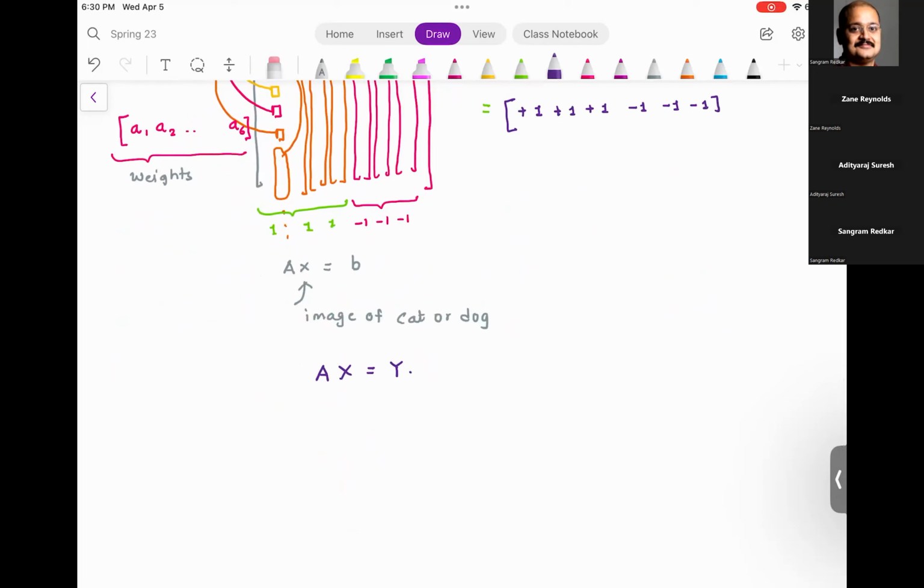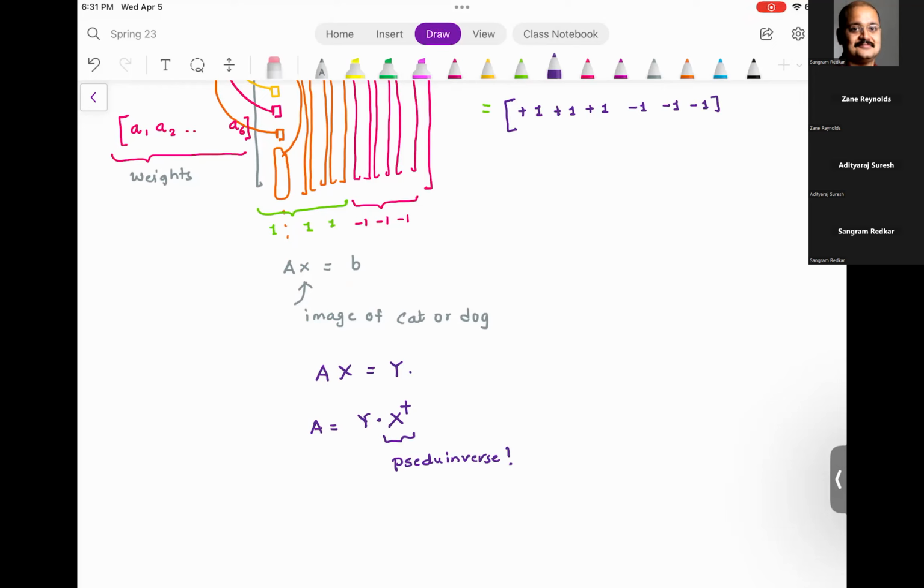And then to find A, I need to invert this, which is y times x star or x plus. This guy is called the pseudo inverse. And the way to find this pseudo inverse is using just a dot multiplication.